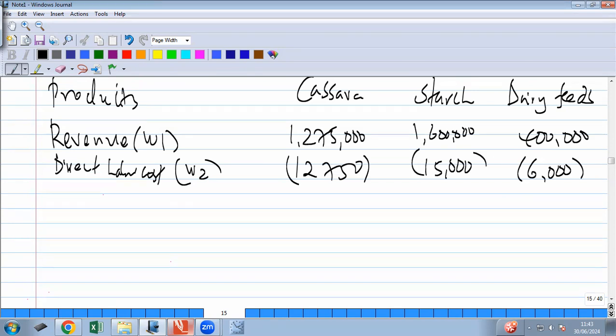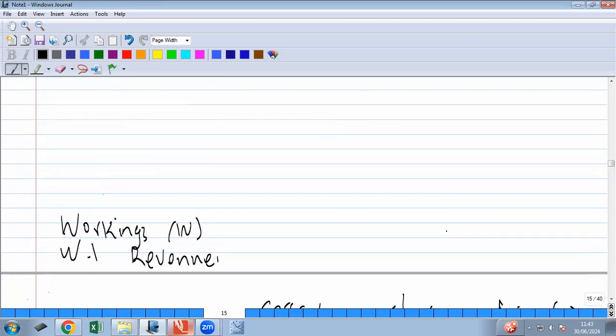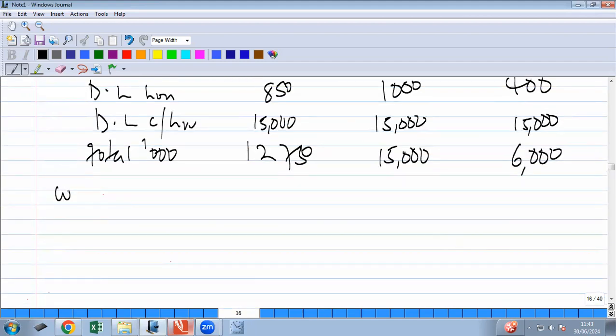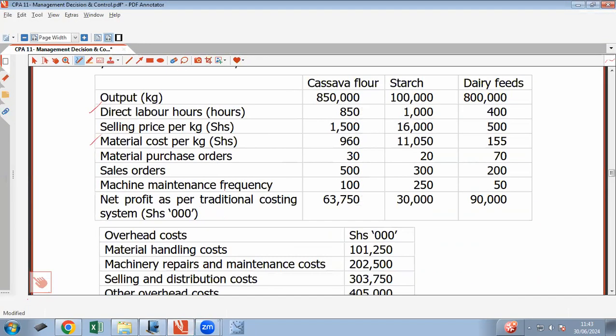What other cost do we have? We have material. Material, we are going to say this is our working number 3. So we open our working number 3, which is material cost. And for material costs you need to observe from the question. They're saying these are material costs per kilogram, that means you need kgs.